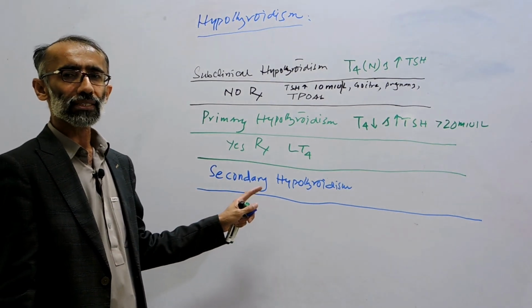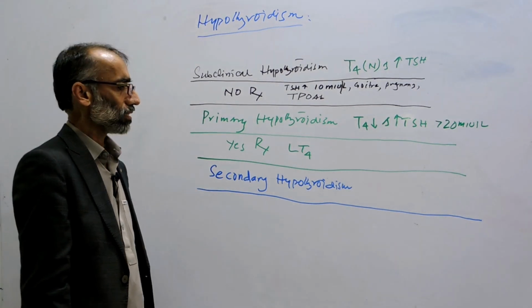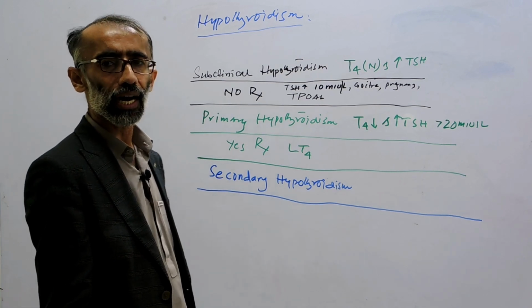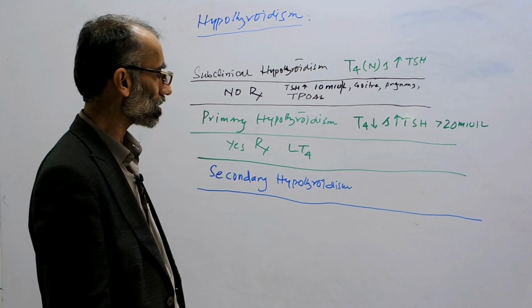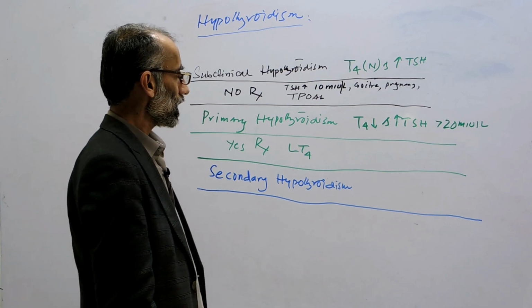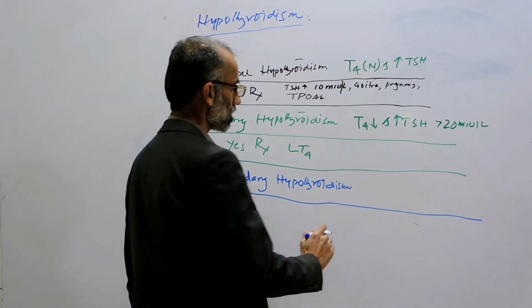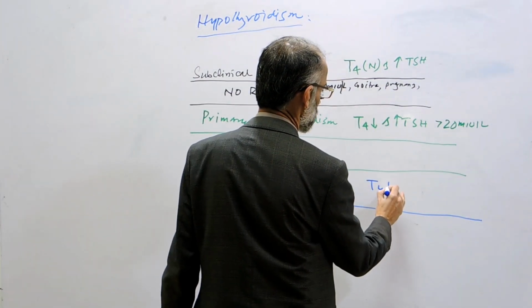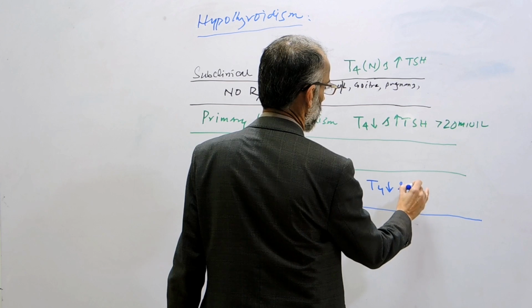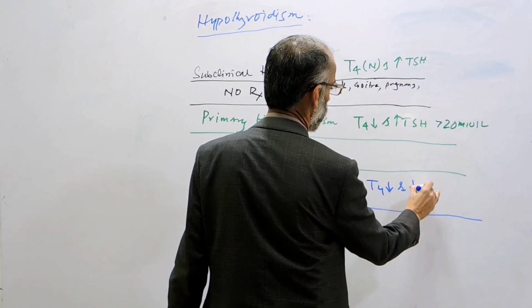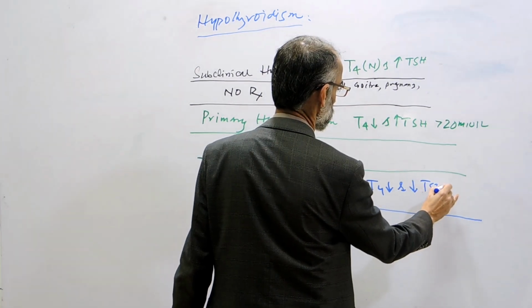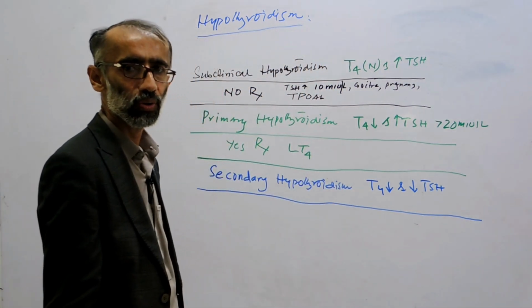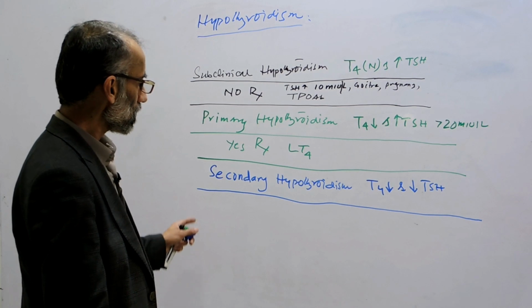Secondary hypothyroidism occurs due to a pituitary or hypothalamic disorder. It is characterized by low T4 and low TSH.